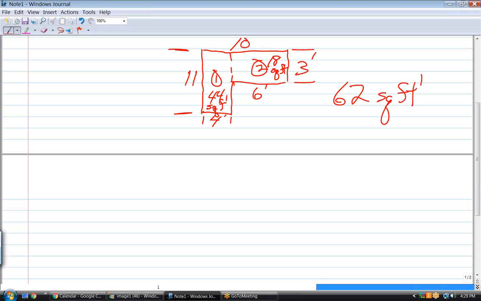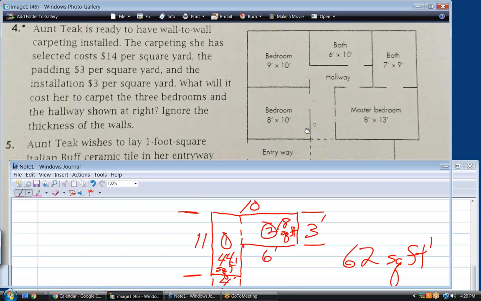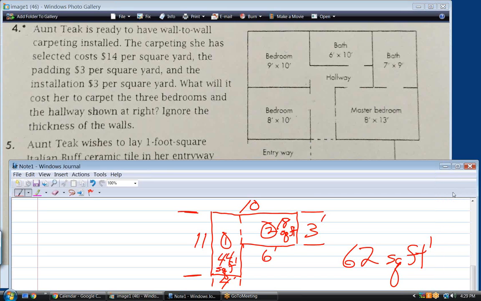Now, you don't want to convert each thing to yards as you do each room. The best way to do this problem is to add up the square feet of the 3 bedrooms, the master bedroom, these 2 bedrooms, and this hallway. Then divide that by 9.